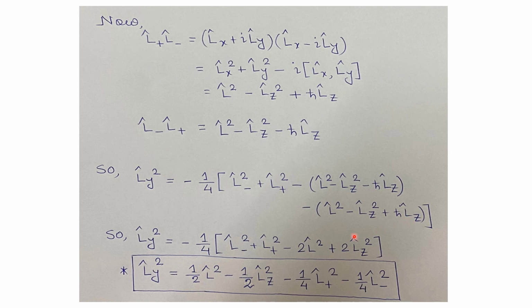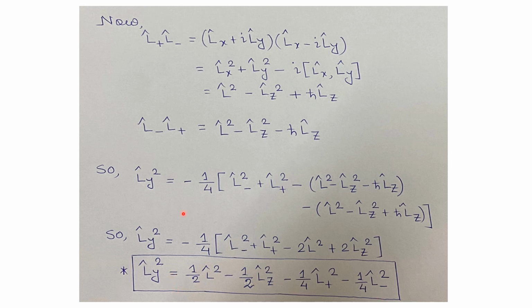So after doing all calculations we get Ly square equals minus 1 by 4 times (L minus square plus L plus square minus 2L square plus 2Lz square). So basically Ly square equals half of L square minus half of Lz square minus 1 by 4 L plus square minus 1 by 4 L minus square.